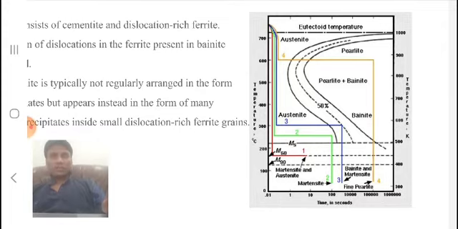Once the transformation is completed, the steel is taken back and quenched to room temperature. By doing this, most of the time is saved.